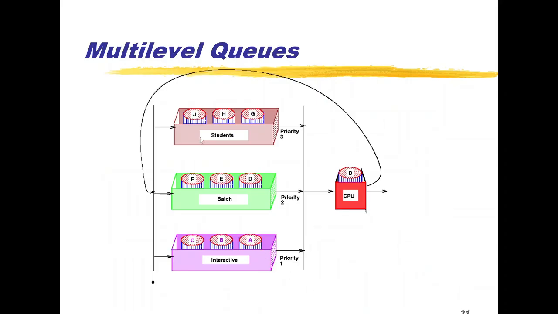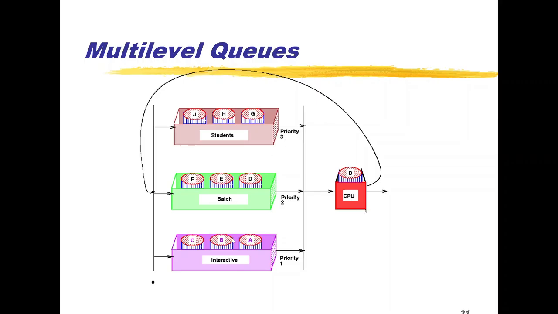This is a multi-level example where we have 3 levels of queues, and each queue has its own different priority. Here we have the interactive queue with priority 1, the batch queue with priority 2, and then the students queue with priority 3.